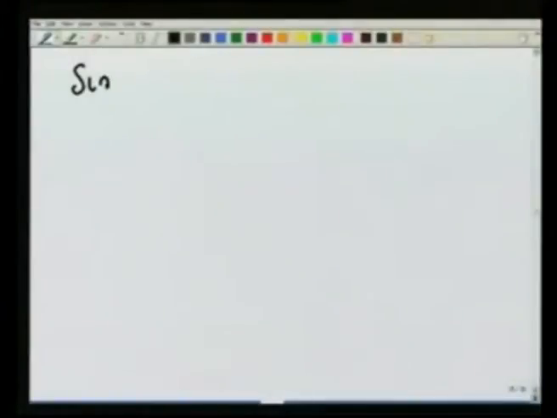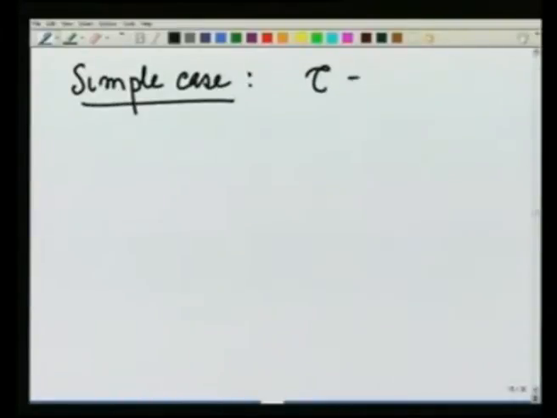The first simple case that I take is when the external torque is 0.